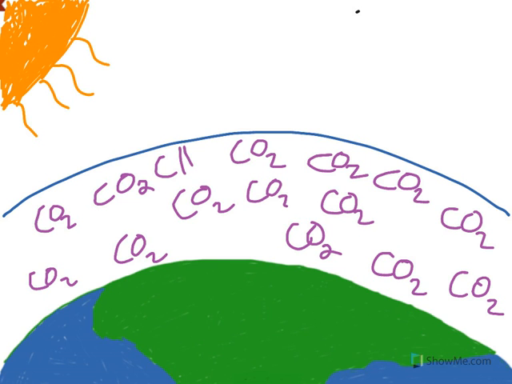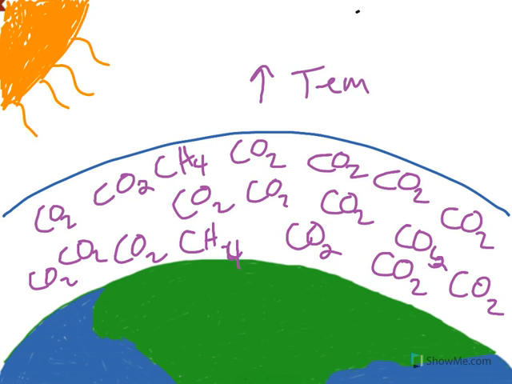We've also put things like methane into our atmosphere. And all of these gases are trapping more than the usual amount of solar radiation. So that leads to slight increases in the average temperature of the Earth.